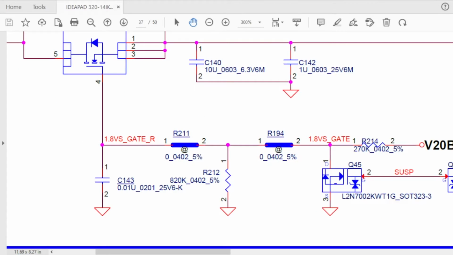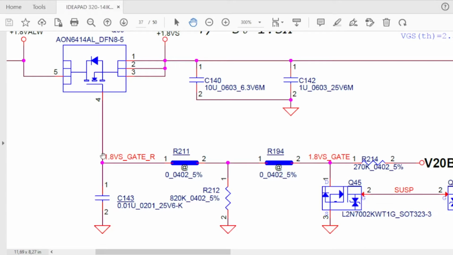In the normal condition, the voltage at this point is 4.7 volt. If the voltage here is 19 volt and this resistor is 0 ohm, the condition of this motherboard is that the voltage here drops to just about 0.99 volt.